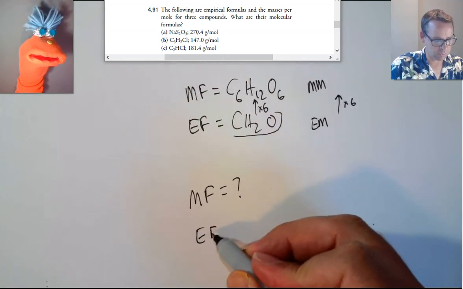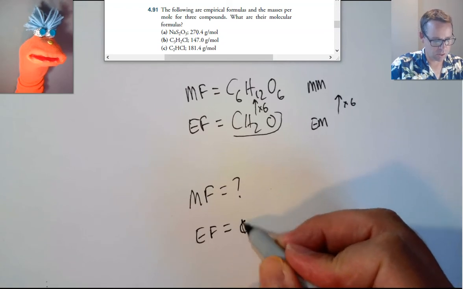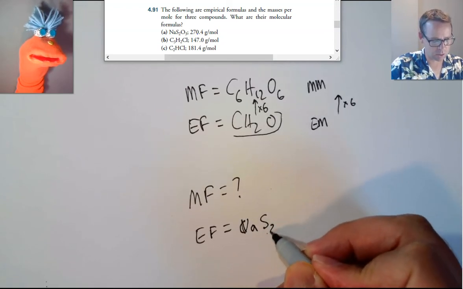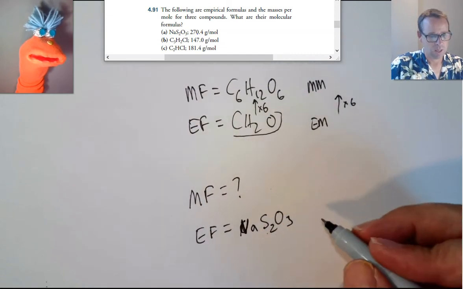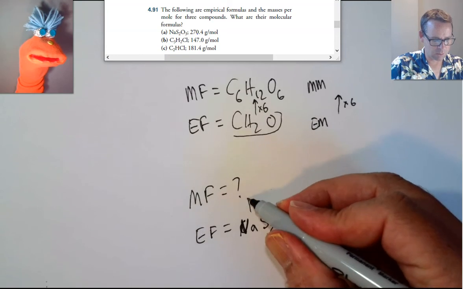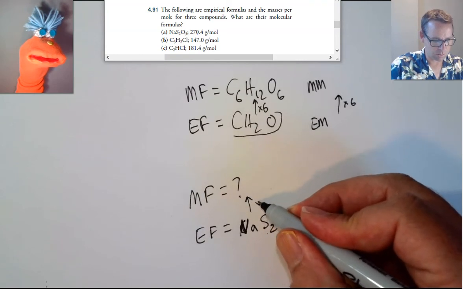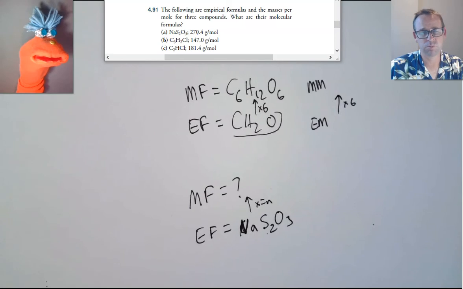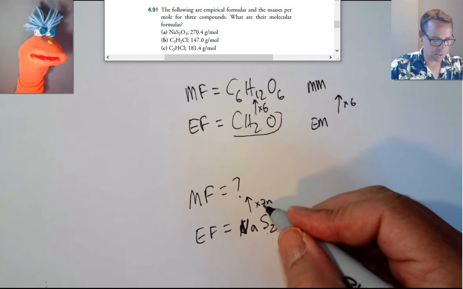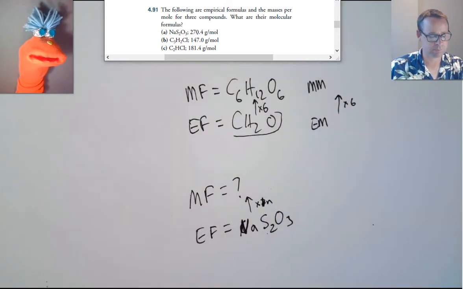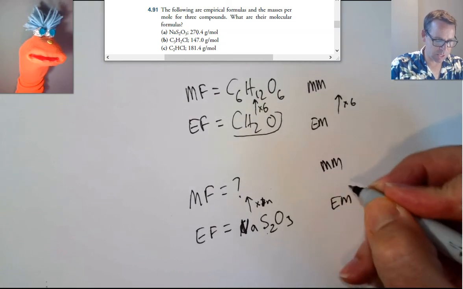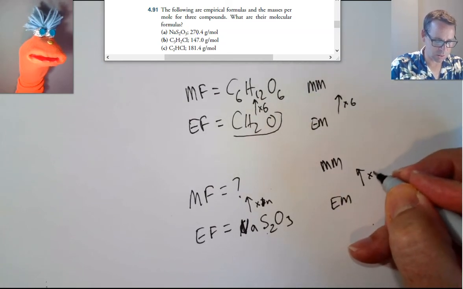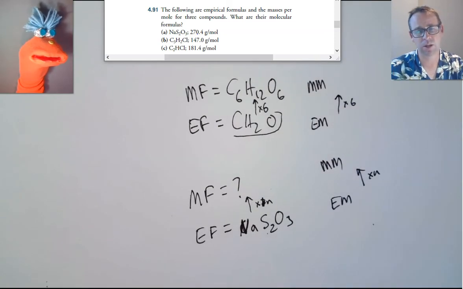They give us the empirical formula, NaS2O3, and we don't know what the multiplier is here. Some multiplier, times n. But we do know that there's this relationship between the empirical mass and the molecular mass that also exists, which is also times n, some value.